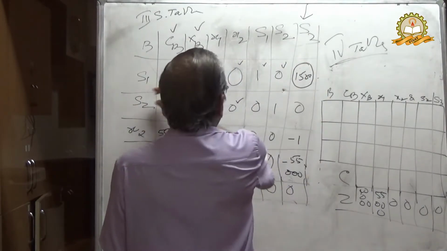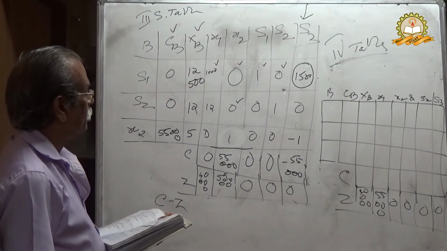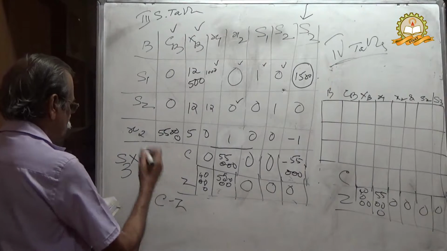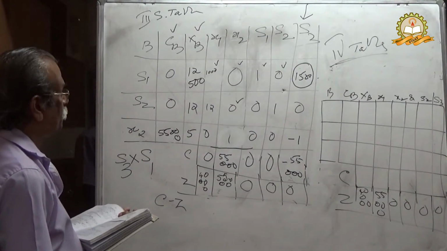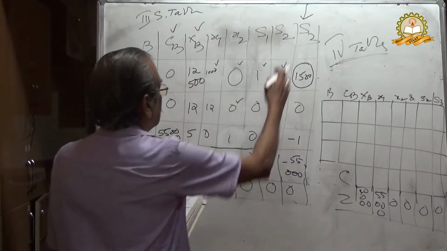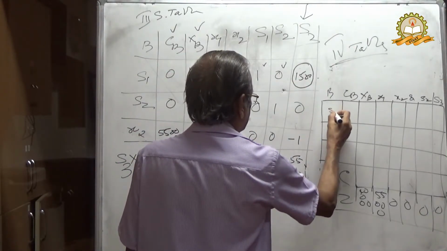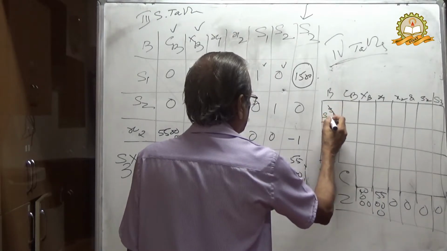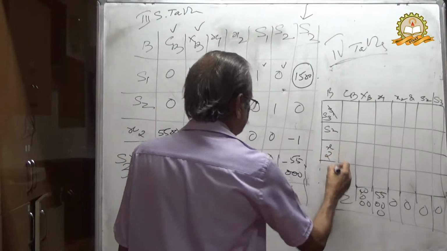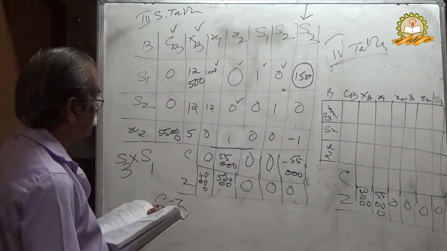Then under B you have S3 and what number? Here you note the pivot column S3 and row S1 intersect. Therefore you write initially S1 changed over into S3, then S3, S2, X2.